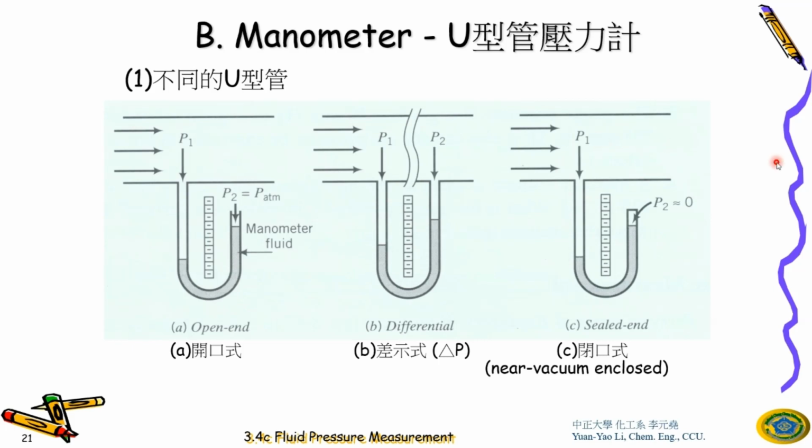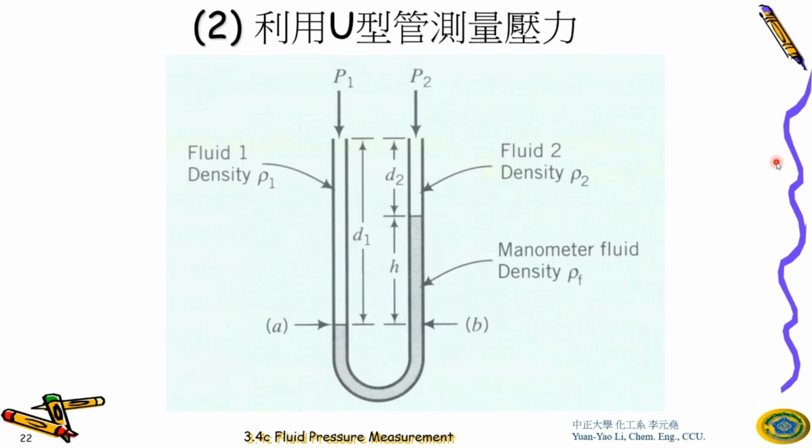Okay, so I'm sure you know this already, so that's no problem. So you have P1 and fluid 1 equal to P2 and fluid 2, and this is called manometer fluid. It can be mercury, it can be methanol, as long as you know the density.